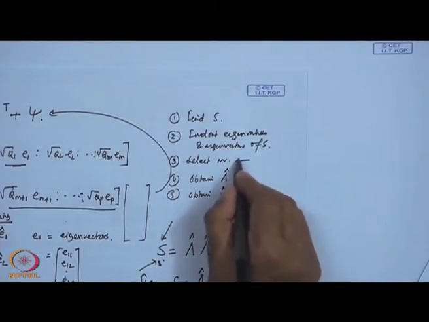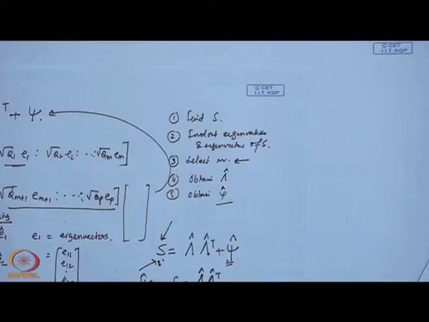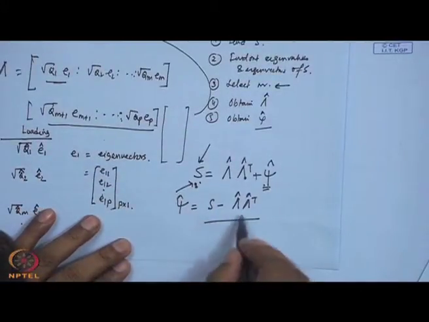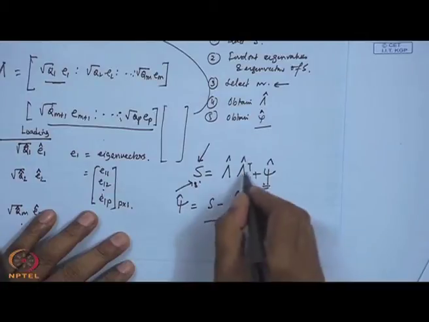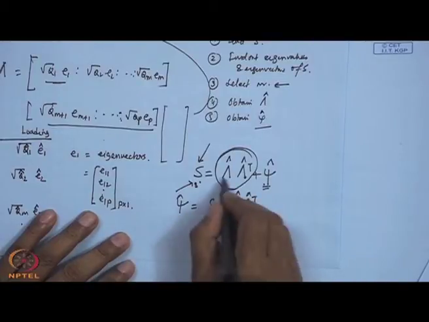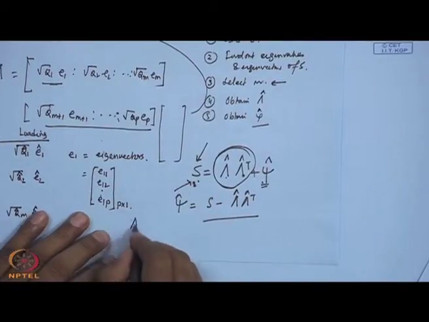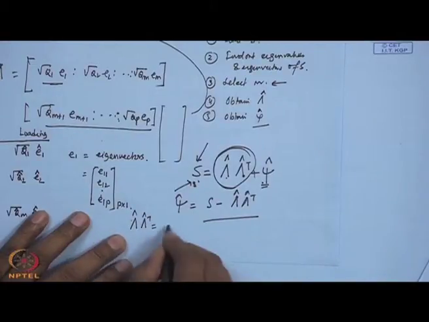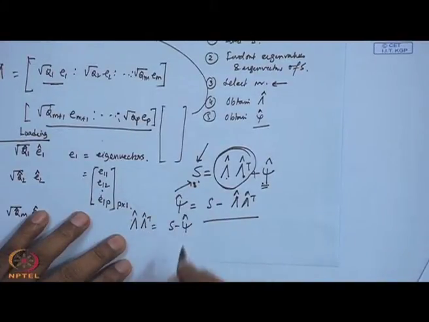So how do you select M? It's a tricky one, but there are certain suggestions. Because you see this equation, you are interested in finding this value, Lambda cap Lambda cap transpose, which is nothing but S minus Psi. What is the rank of this?